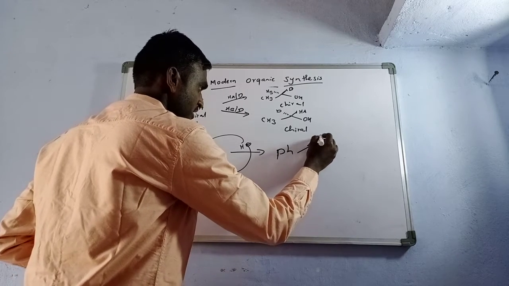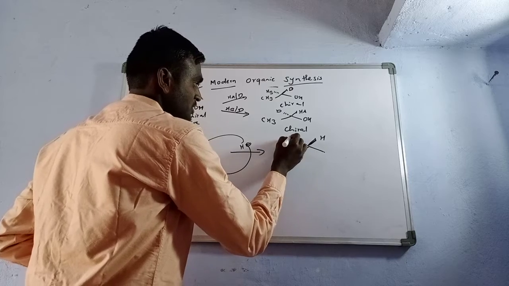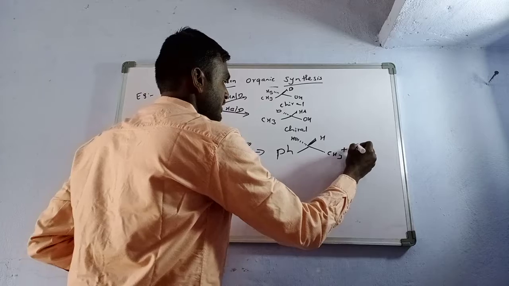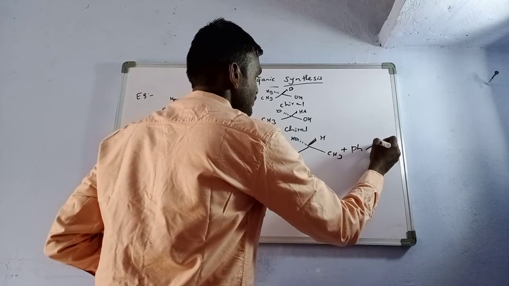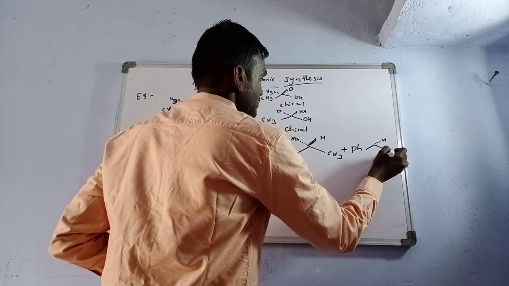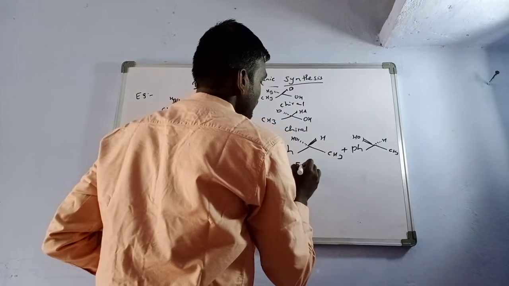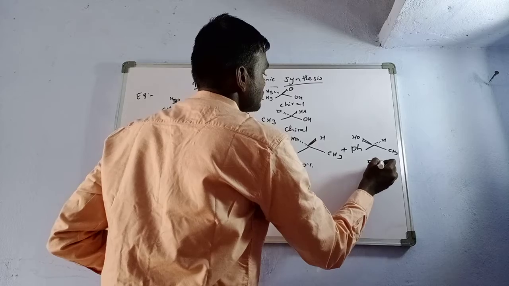If the hydride ion attacks the above face, the molecule will be like this. If the hydride ion attacks the below face, or the backside, the molecule becomes like this.